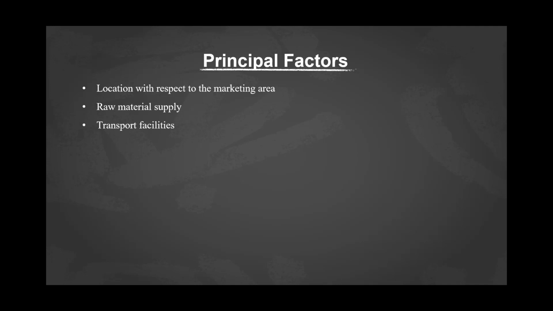Number 1, road, railway, waterway, or a seaport. Then we have availability of labor. Labor will be needed for construction of the plant and its operation. So availability of suitable labor is another factor that should be considered before selection of location.